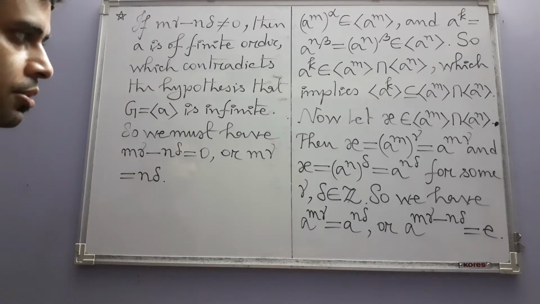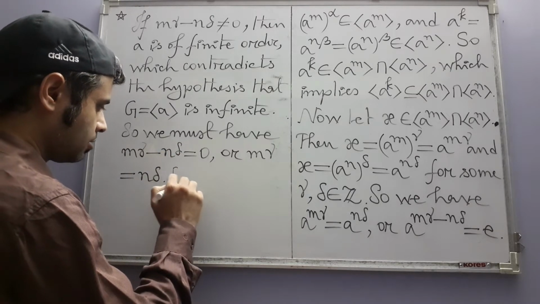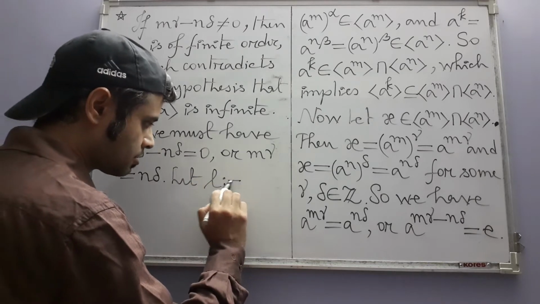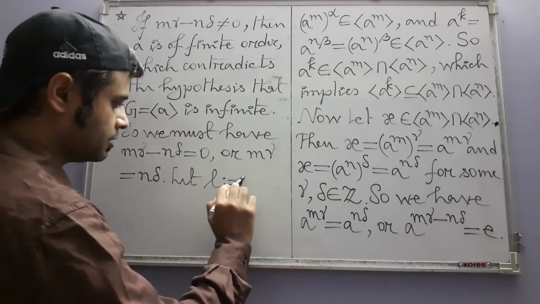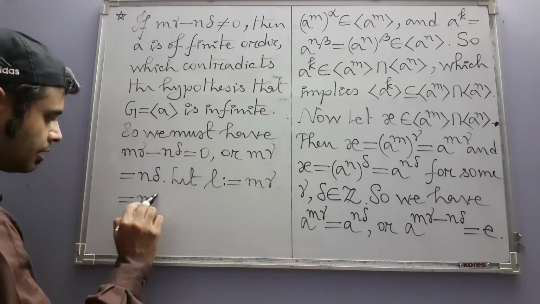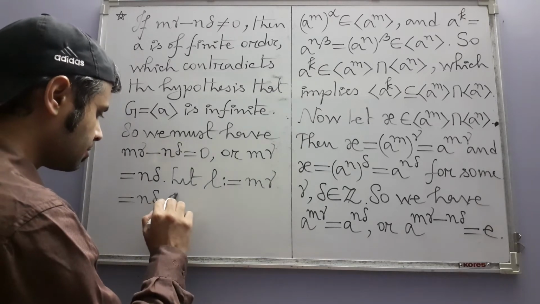Okay, so m gamma should be equal to n delta. Let L be this common integer which is m gamma and also at the same time n delta.